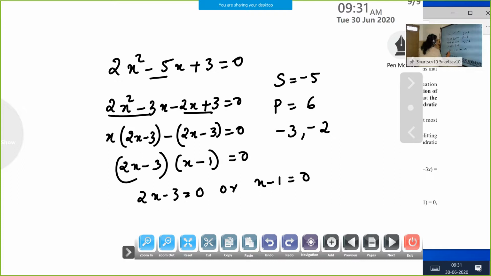What is the value of x? Here x = 3/2 and here x = 1.